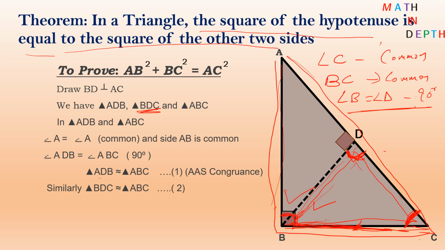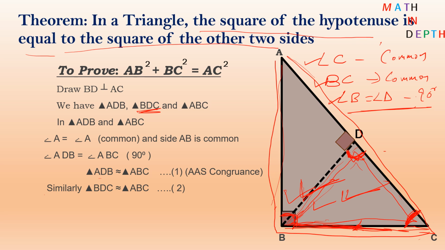So again this is an angle, this is an angle, two angles, and this is one side. So by AAS congruence again we can say this triangle is similar to the bigger triangle, the original triangle, and we can write it here like this. Similarly, no need to prove the same part again. In the exams you can write directly like this.